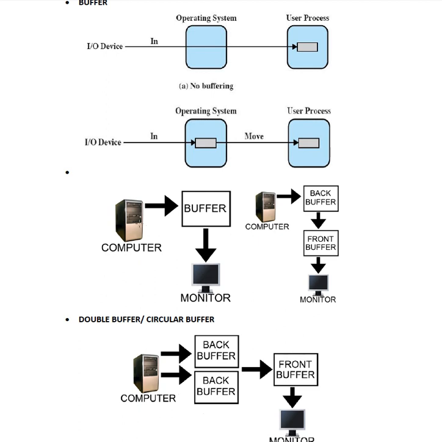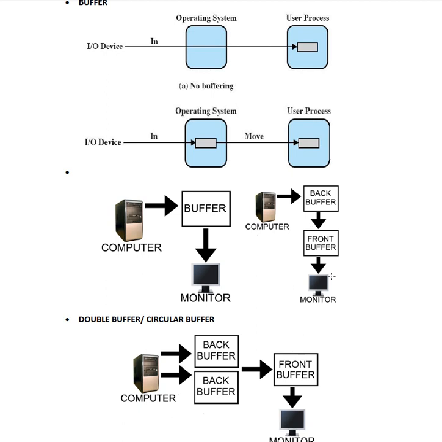If a monitor is there and data wants to be displayed on it, the data passes through the buffer slowly. If the buffer is full and you still want to send some data, it will not be sent until the buffer discharges, or it passes the information one by one.